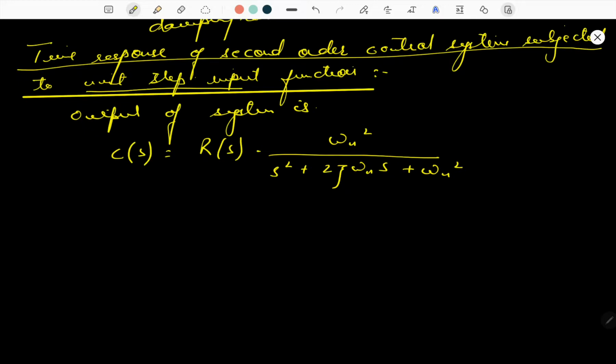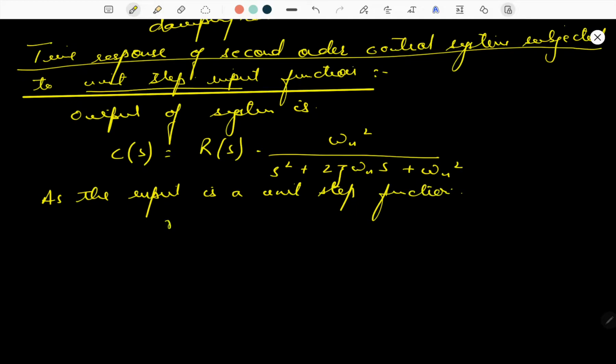Here we are going to take the input as a unit step function.